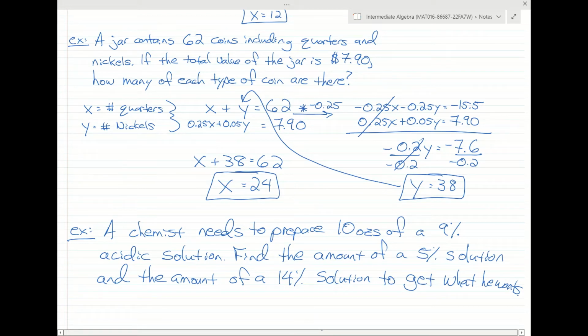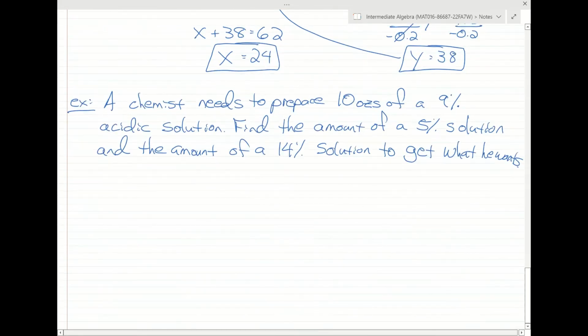All right. So the way we're going to do this is first, let's get organized. It looks like we have three things going on.